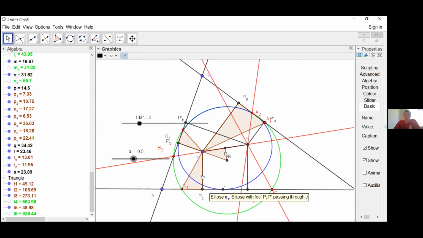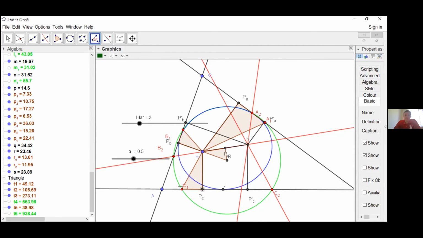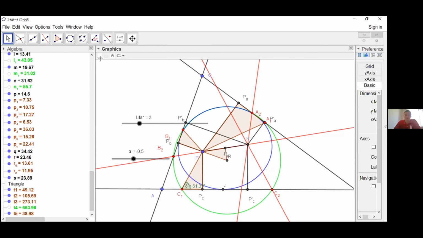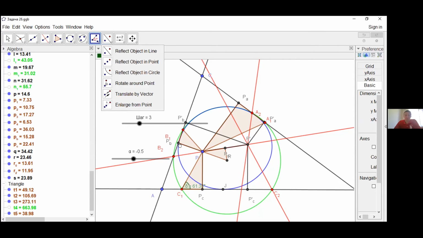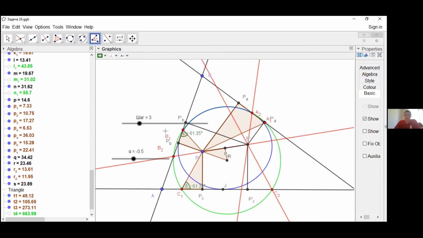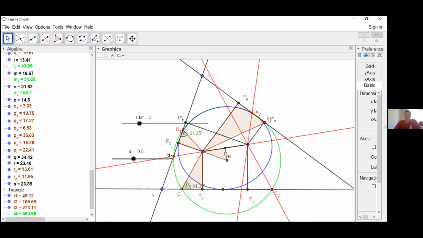We see similar brown triangles, which means that the angle between the side line of the triangle and the segment PC1 is the same angle as at vertex B1, and the same for A1.